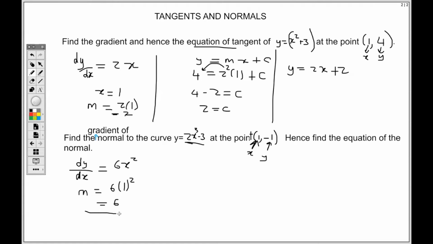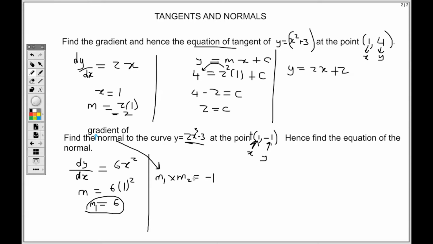Now to find the gradient of the normal, we know that normal is the same thing as saying perpendicular. I am going to use the fact that when two perpendicular gradients multiply, we get negative 1. So m1 times the normal gradient is equal to negative 1.